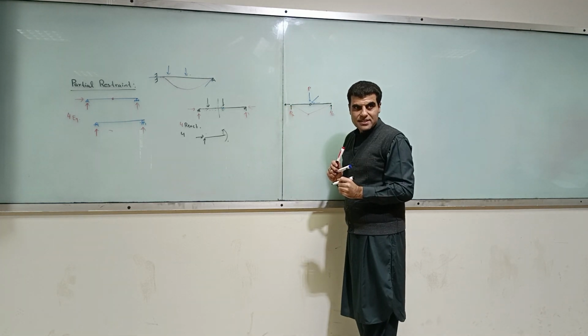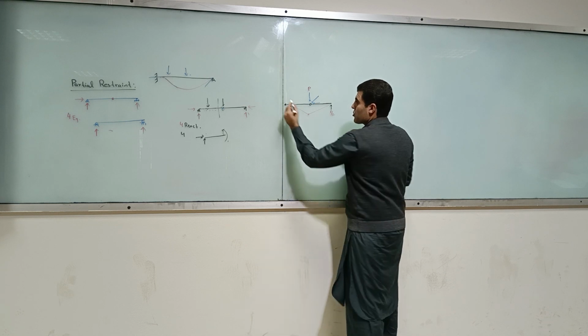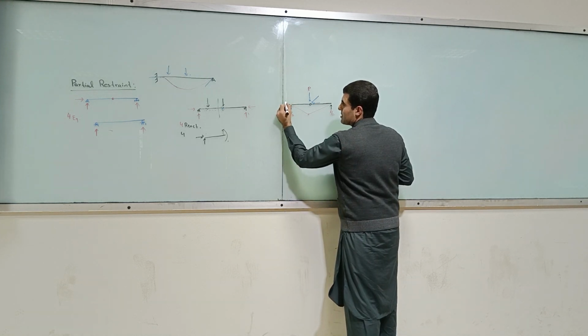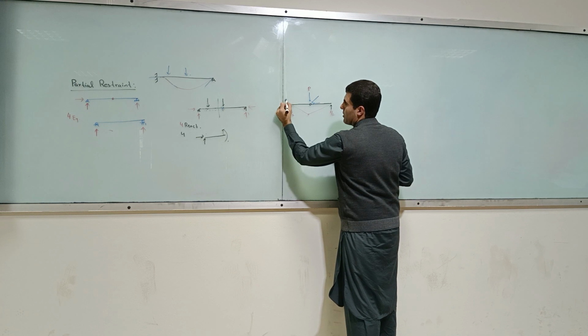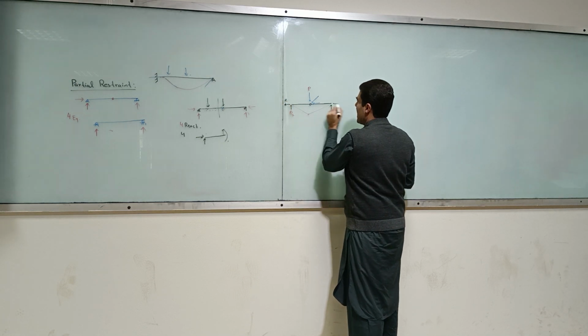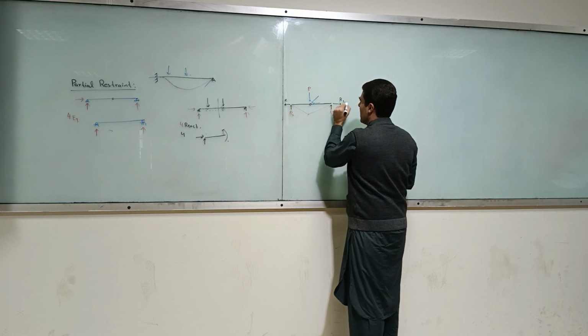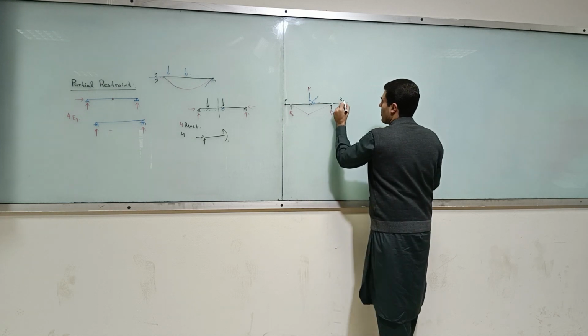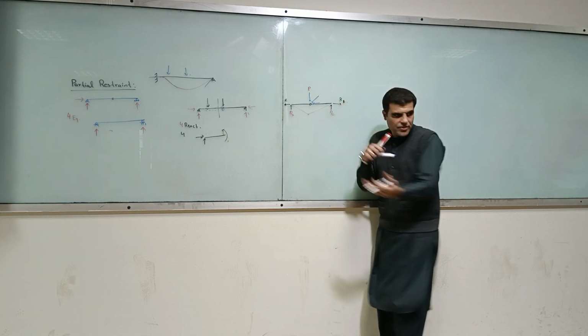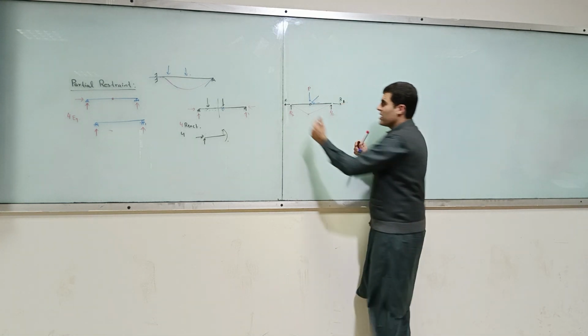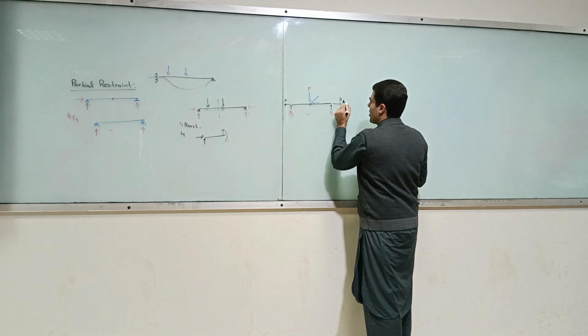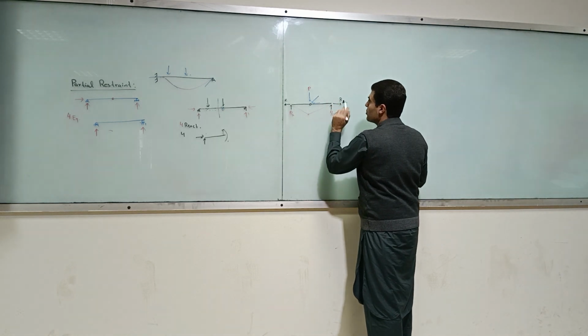Excuse me, can I have silence please? Thank you. So you will have a reaction, say imagine R1, and that R1 will be equal to R2, because summation of Fx is zero. You will have R1 and R2.